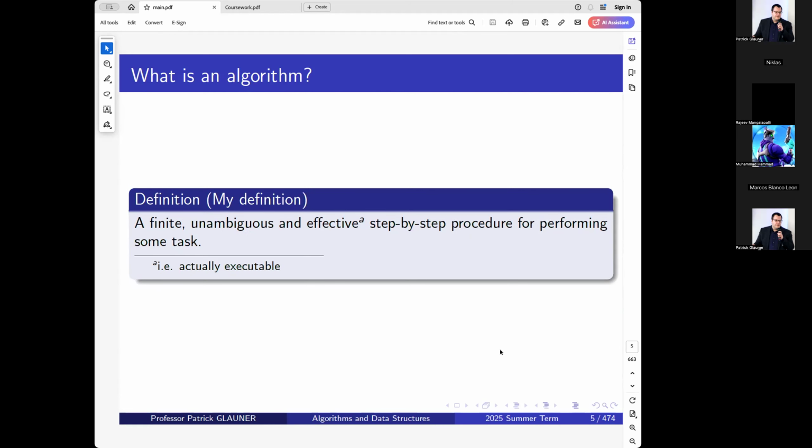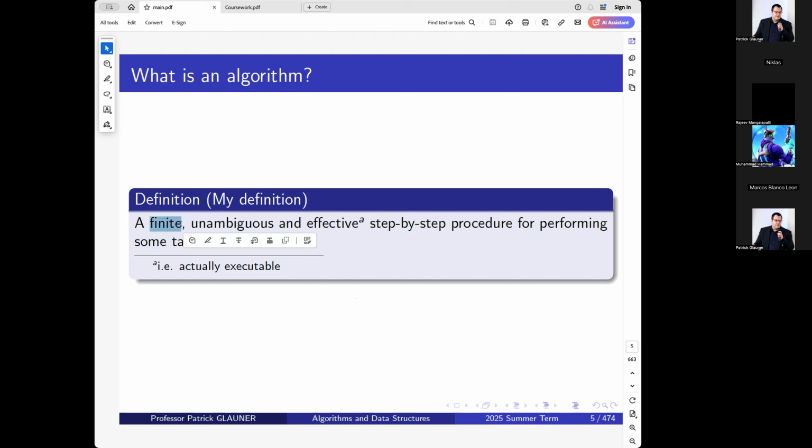When I created that course, I wondered how I would actually define what an algorithm is, and I said it must be a finite, unambiguous, and effective step-by-step procedure for performing some task. So some task; the step-by-step procedure must be unambiguous, so the computer clearly needs to know what to execute.